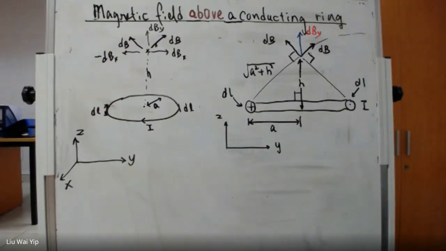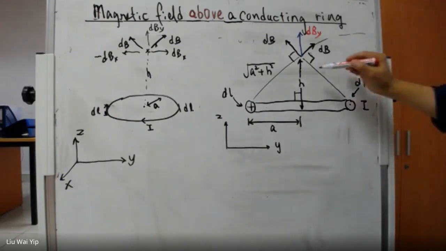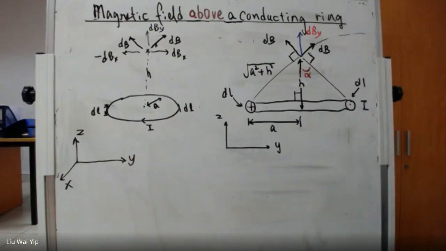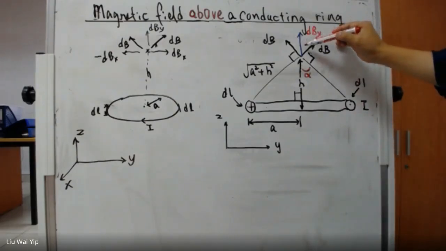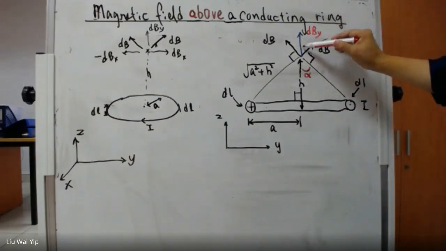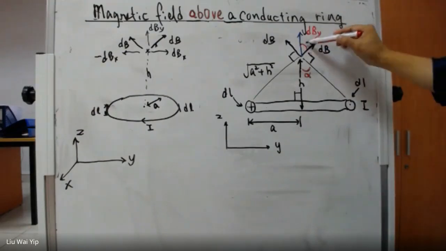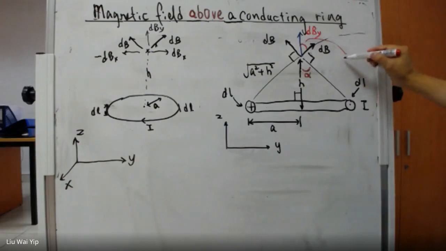Let's assume this angle is alpha, and by inspection, this angle is going to be 90 degrees minus alpha.